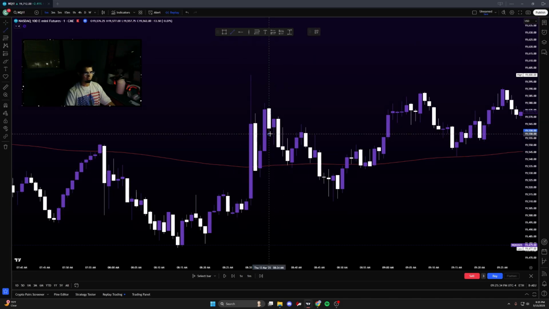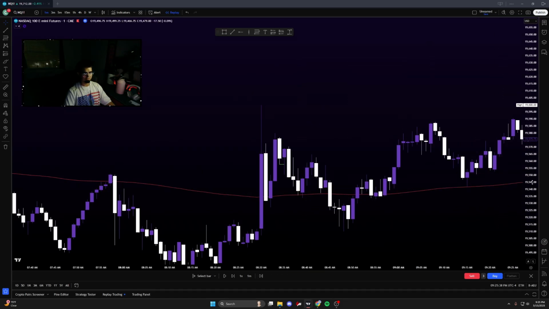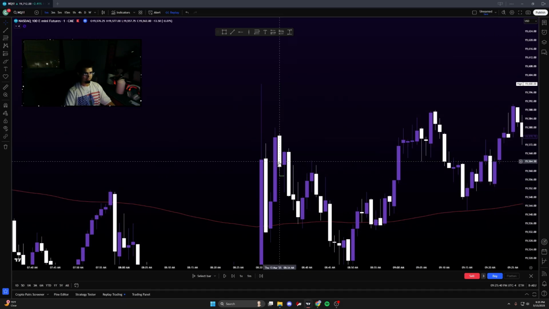Since this purple candle right here doesn't close beneath this low, that doesn't make it a break of structure. Now we're looking at the most recent low over here, right? Because we do it off the most recent low. We don't do it off of the previous low.